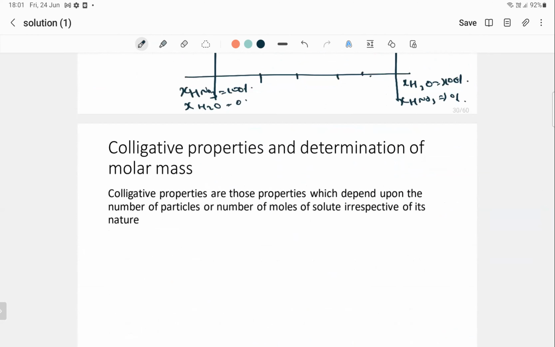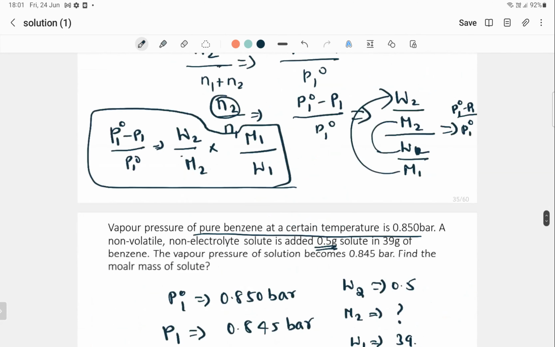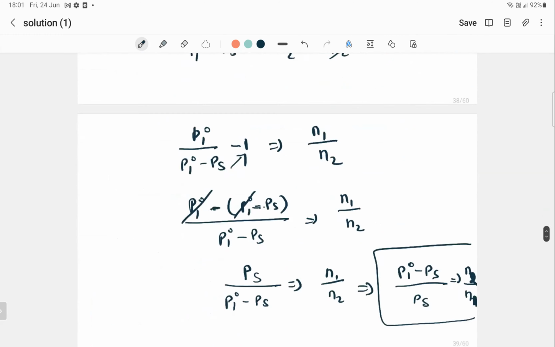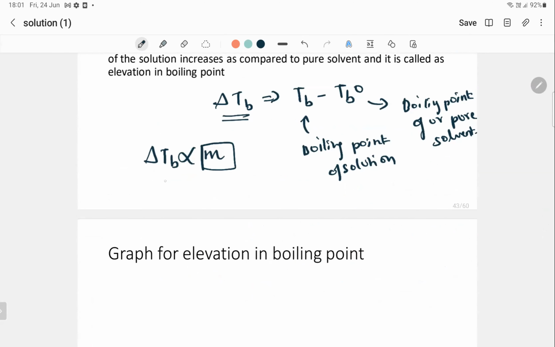Clear? Solvent is also there with the solute. So that's why delta TB is directly proportional to your molality. Now we know the formula of molality. Another thing is delta TB is equal to Kb into m.